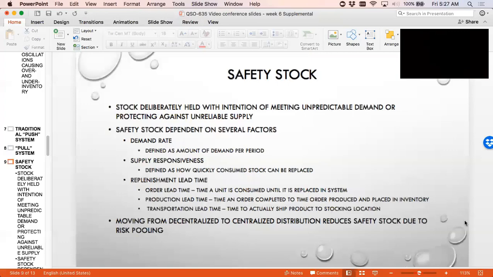I tend to view these in addition to lead time. Basically, this is the whole lead time right here: the time from when a unit is consumed until it is replaced in the system. For the order, the production lead time is the time from the order being placed to the time the order is produced, and transportation lead time is how much time it takes to ship the product.